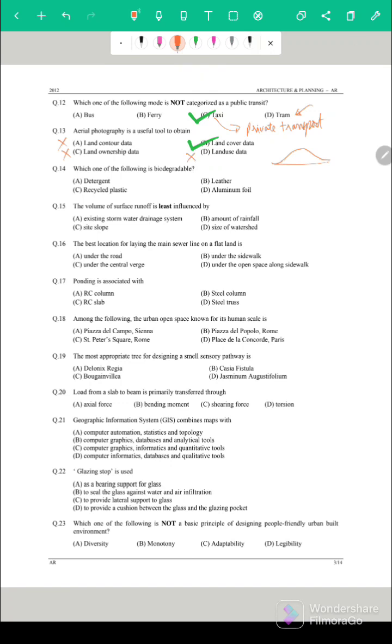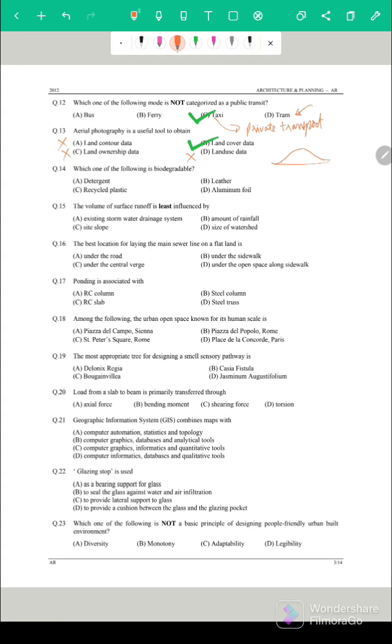So what is the difference between land cover data and land use data? So land cover data mainly consists of the forest cover, whether the land is forest cover, barren land, or there is any built up. But land use data tells what purpose our land is used for by human beings.